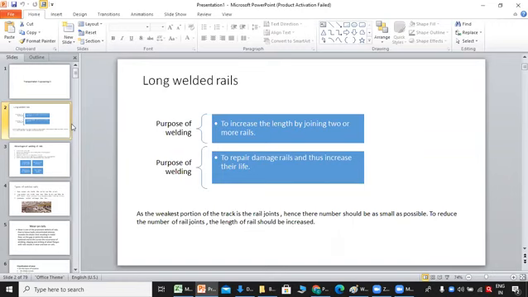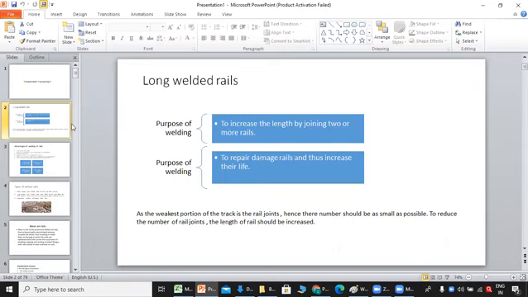And the second one is to repair damaged rail and thus increase its life. In the next slide we discuss the creep, and in that we study the various reasons because of which wear occurs, creep occurs, and kinks of rails or longitudinal or lateral movement of rails happen.